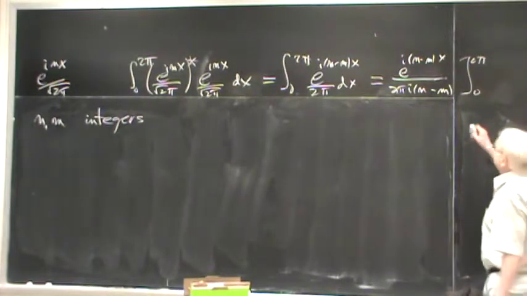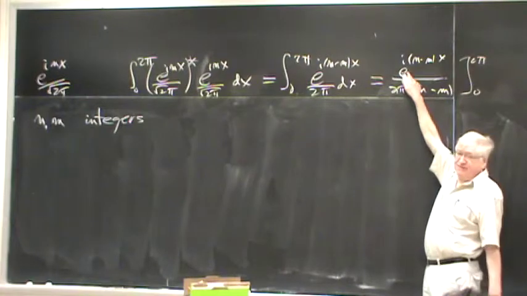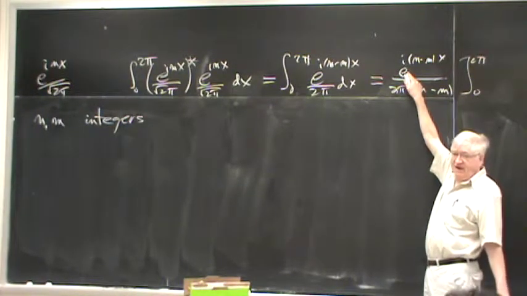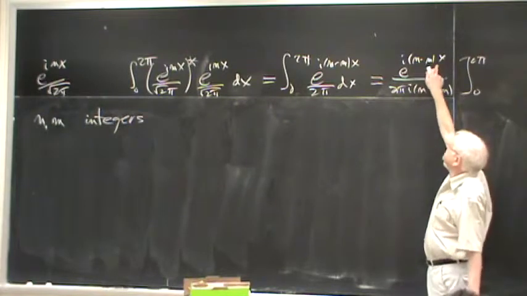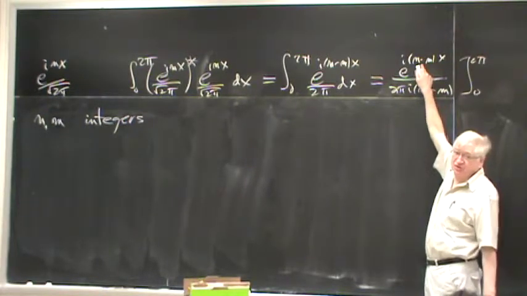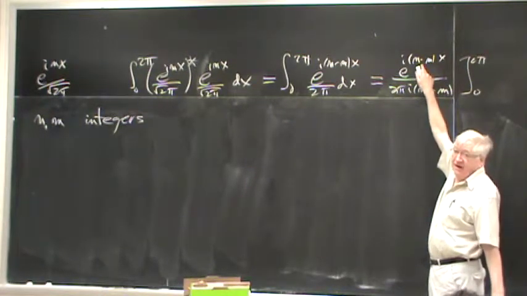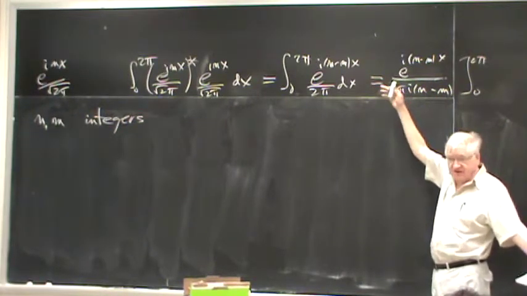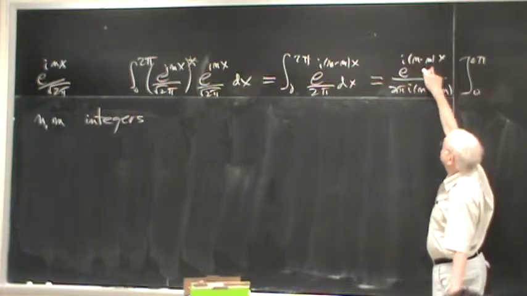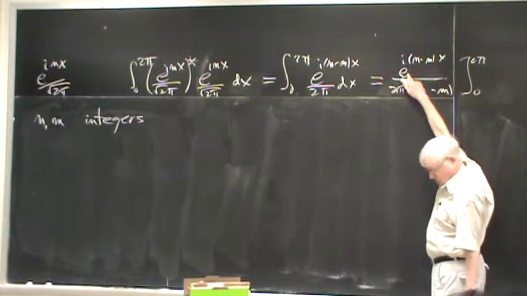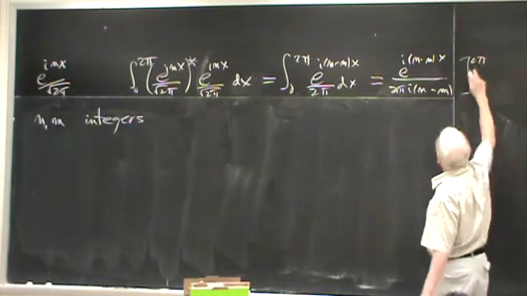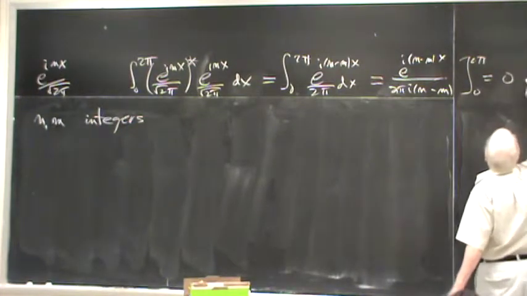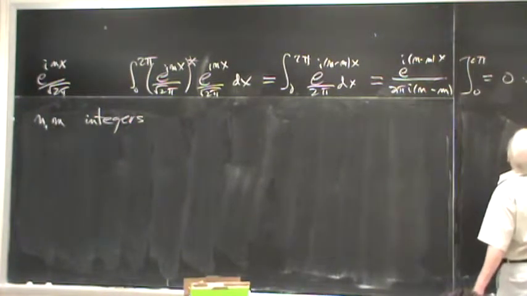And you see that the exponential is 1 when x is 0, but when x is equal to 2 pi, it's 2 pi times some integer that's not 0, and e to the 2 pi n i is 1, so the exponential is 1 at both limits, and so when you subtract you get 0 if n is not equal to m.